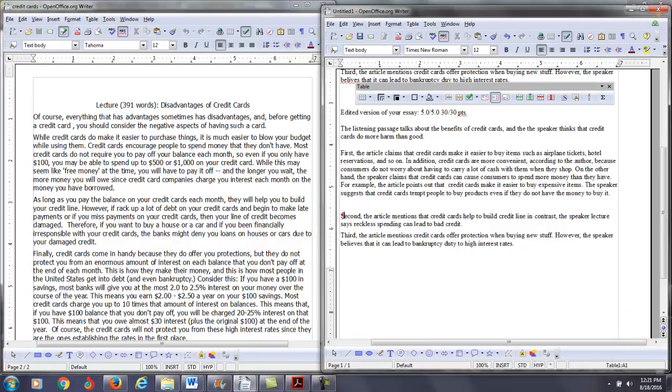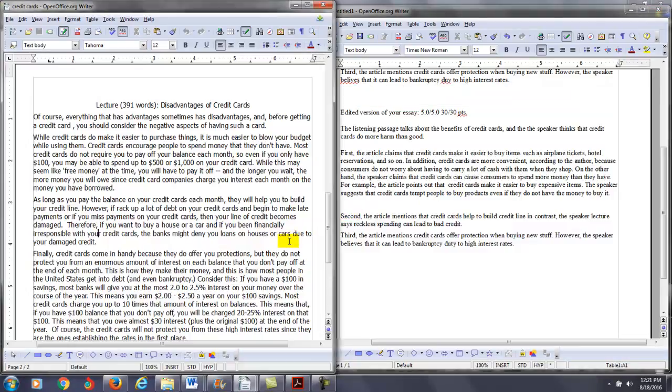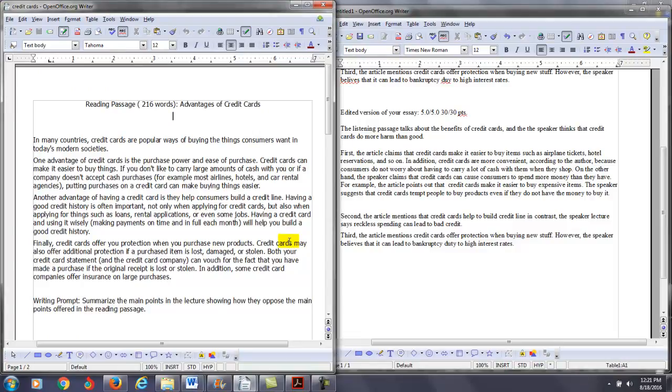Alright, let's take a look at the next idea. So we'll go back to the reading passage. So you have another advantage of having a credit card is they help consumers build a credit line.